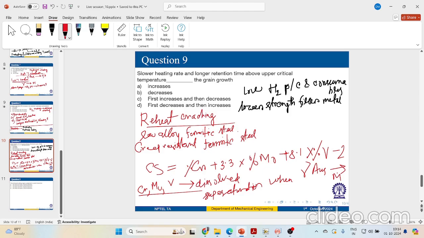Now when this coarse grained heat affected zone is reheated to elevated temperature for stress relieving, fine carbides precipitate at dislocations.